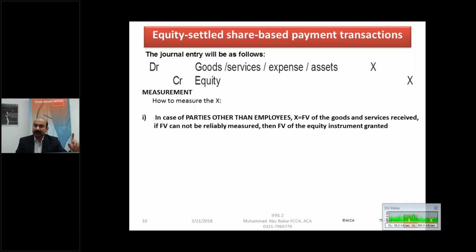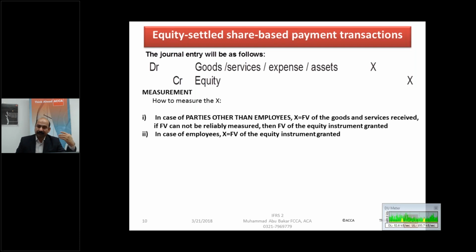This is in case of parties other than employees. In case of employees, the starting point is equity. Because what is the worth of the services of those employees? This can be subjective.